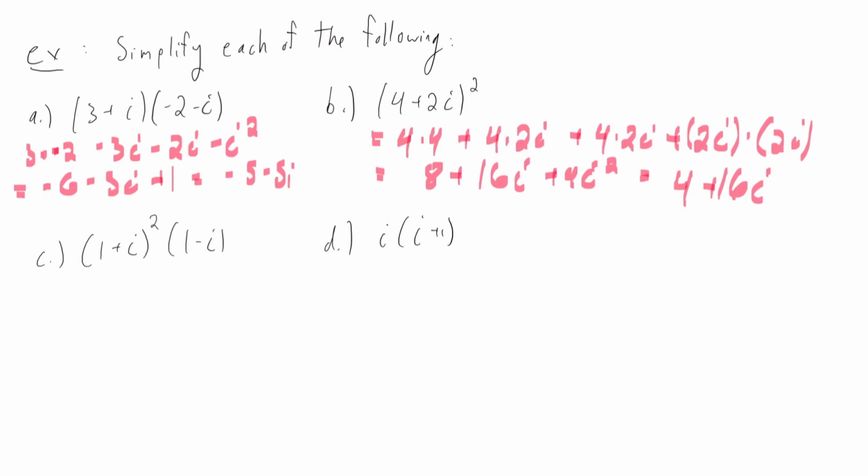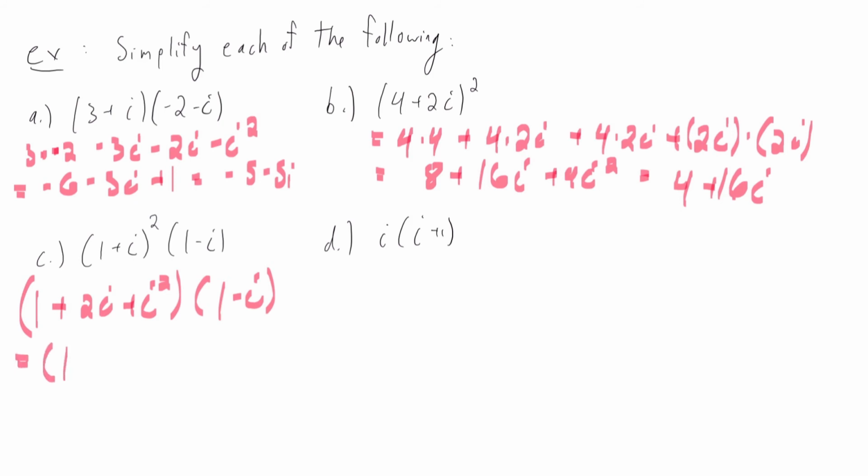So here's a slightly more complicated one that involves 3 factors. I'll write this as 1 plus 2i plus i squared times 1 minus i. I first evaluate 1 plus i squared.